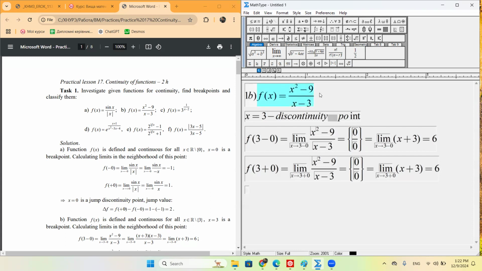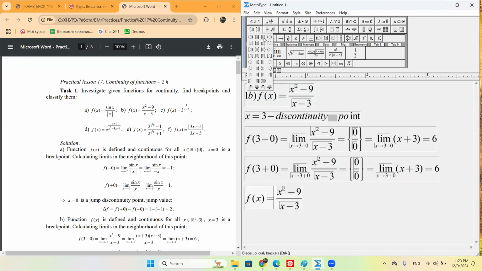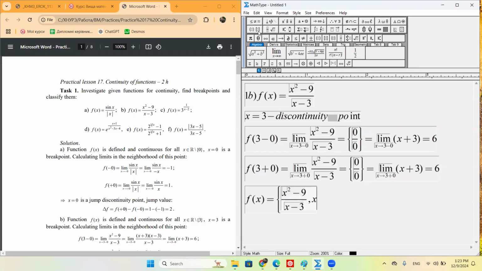Can we remove this discontinuity? Daniil? I think yes. Yes, this is a removable breakpoint, and how can we remove it? Just by extending the domain of the function. It will look like this: this fraction if x is not equal to 3, and 6 if x equals 3.